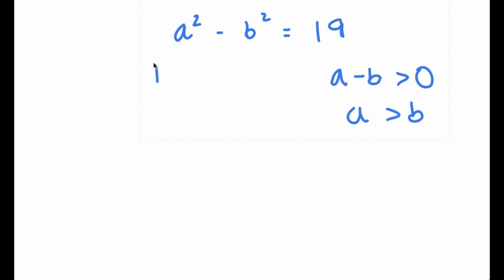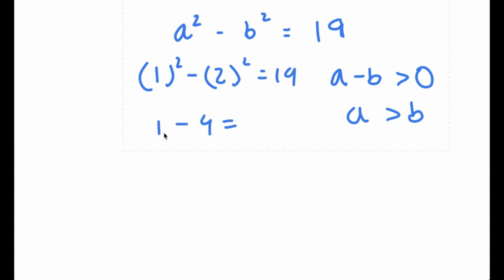So now I have 1 squared minus 2 squared is equal to 19. Well, 1 squared is 1 minus 2 squared is 4. And this is actually going to be a negative number. But as you can see, a squared minus b squared is a positive number. And the only way for this to be a positive number is if a is greater than b, because if b is greater than a, then this would be negative.